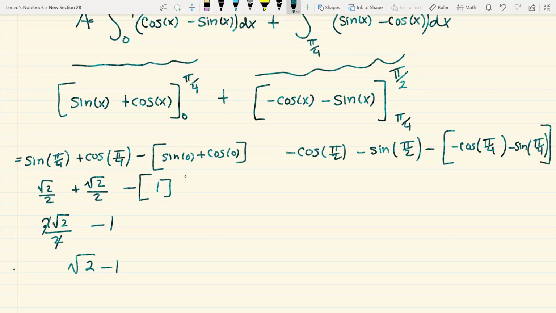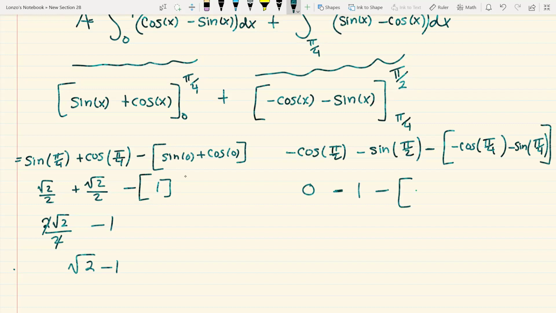Okay, so what is the cosine of pi over 2? Cosine of pi over 2 is 0. Minus the sine of pi over 2 is 1.